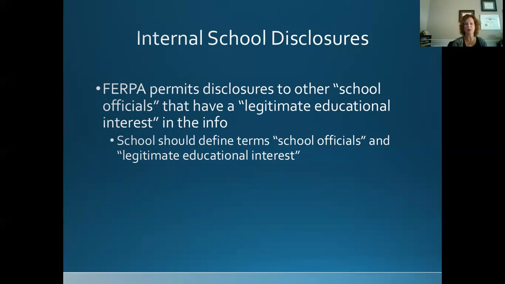And this requirement for the legitimate educational interest in the information applies even if it is a school psychologist and a school guidance counselor. There is still that bar that must be met, that the other one has a legitimate educational interest in the information, and that it's not just being provided as a matter of course.